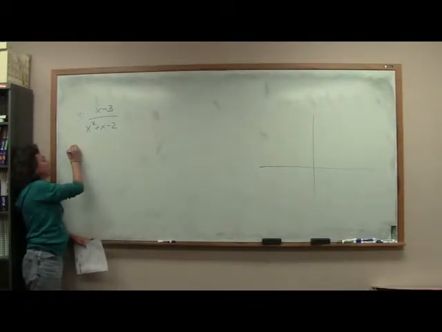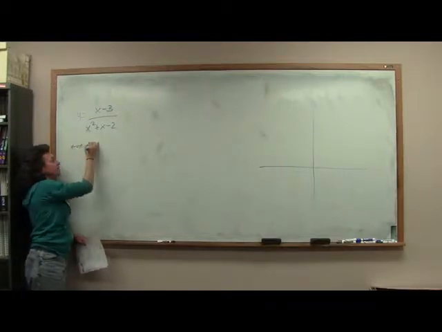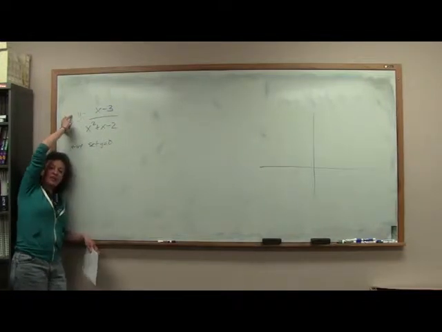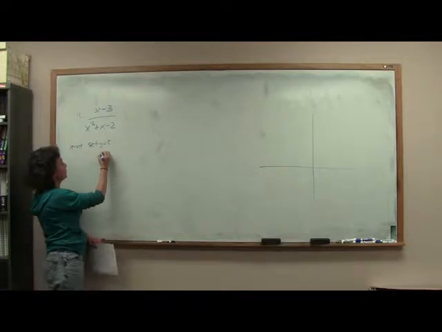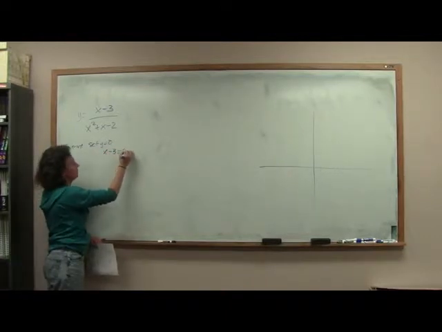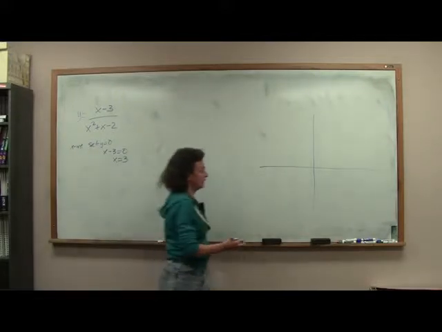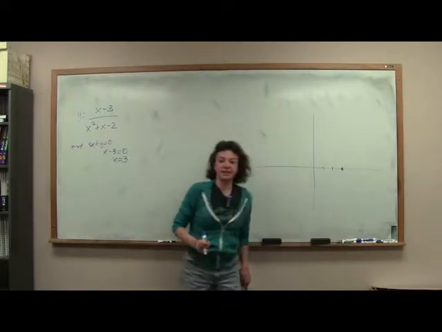Okay, to find our x-intercept, remember you set y equal to 0. Well, again, you guys, if you set a fraction equal to 0, it's only equal to 0 if your numerator is equal to 0. So I claim x equals 3 is our only x-intercept.